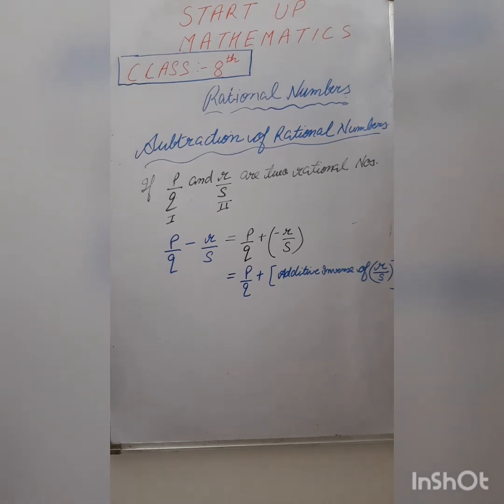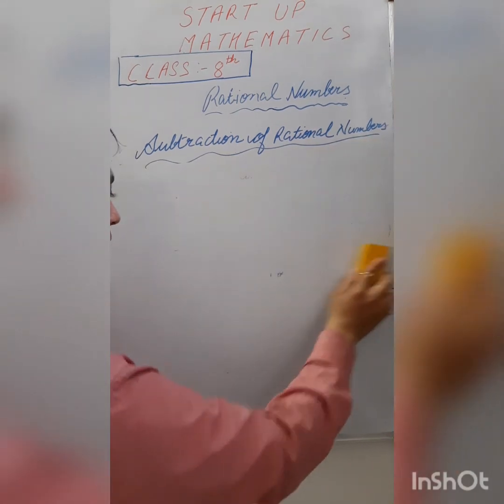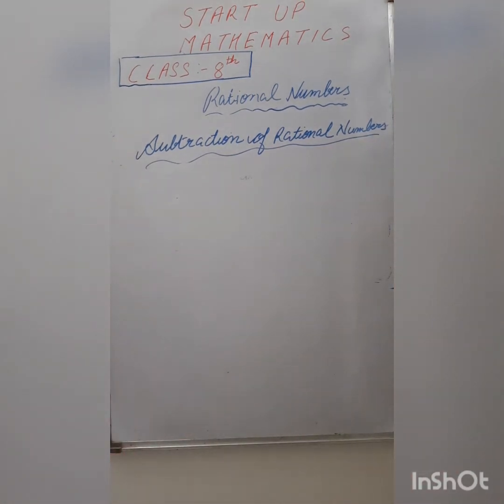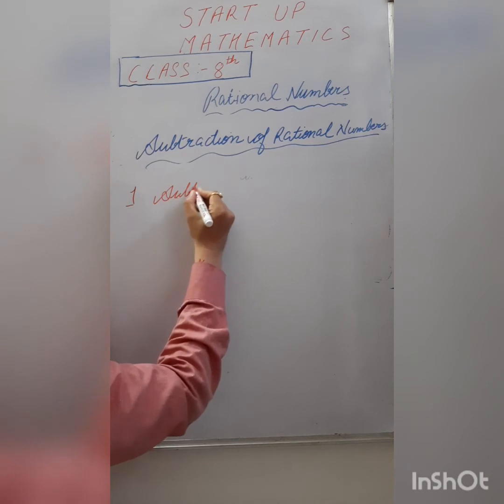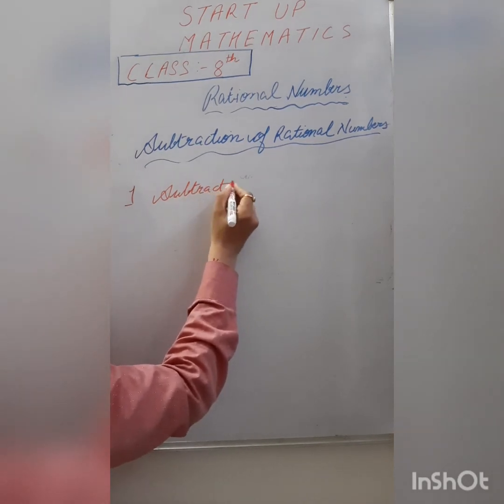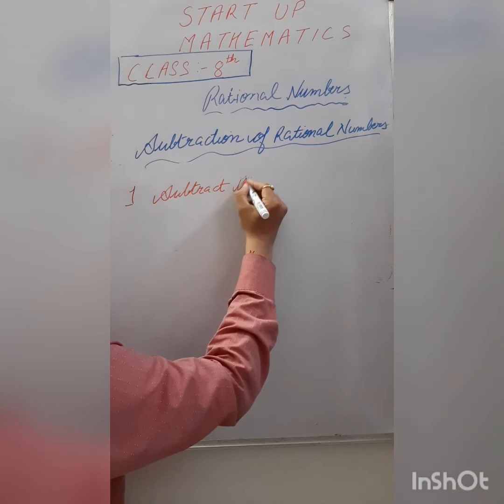Now let's take a sum based on the subtraction of rational numbers. Right. The first question, let's take the question. Simple. Subtract the first rational number from the second.